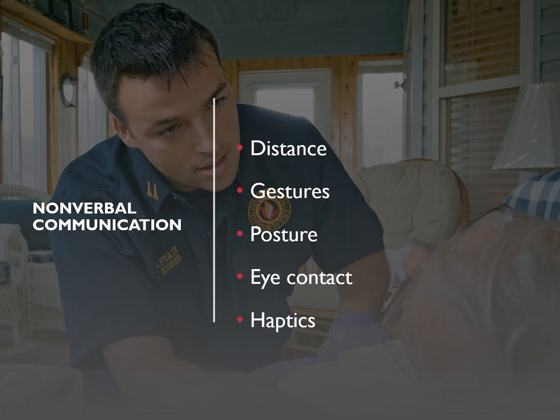If you're within a foot and a half of somebody, obviously we're way too close to that person. That's considered the intimate zone. A general rule of thumb is 2 to 4 feet is a good distance from the patient. But also with distance, you don't want to be 12 feet away when you're talking to them, especially in times like today.